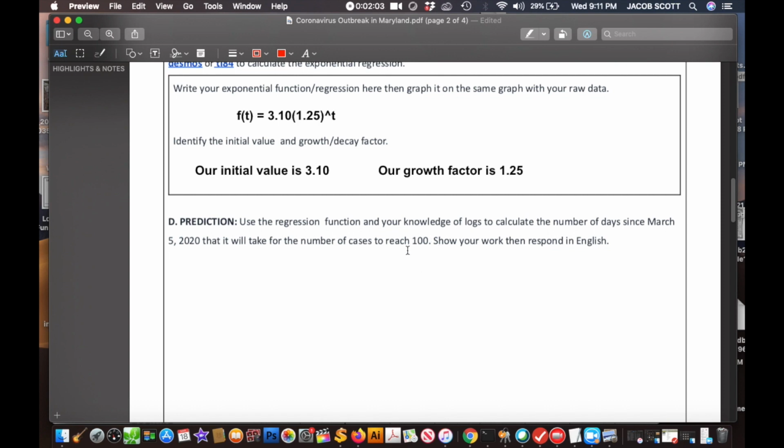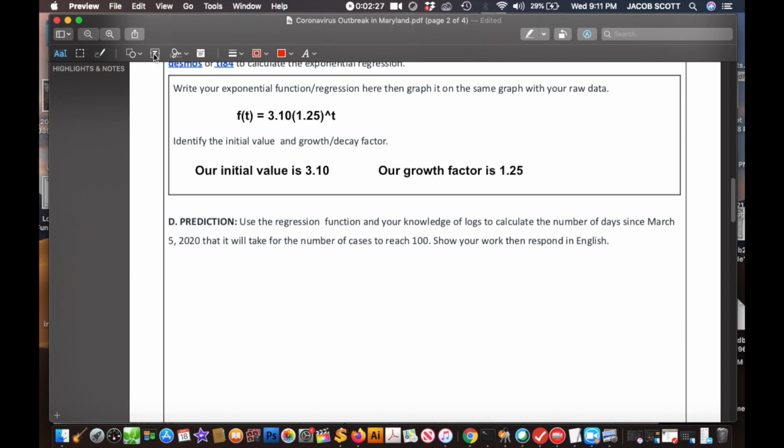Well, number of cases. Which one of our variables represents number of cases? Is it f of t or is it t? Which one? Well, obviously t represents the number of days, so f of t, that's the number of cases, okay? So we're going to plug in 100 for the number of cases.